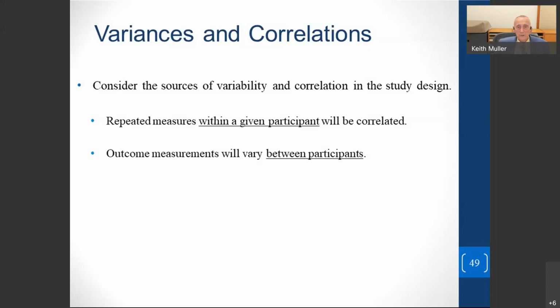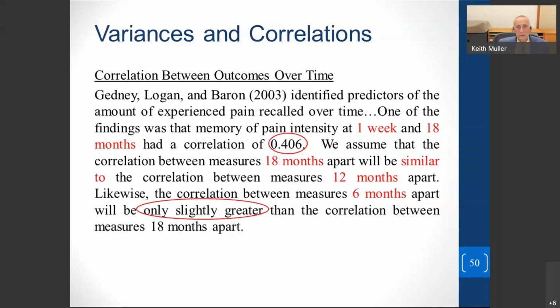We have to recognize that repeated measures within a given participant will be correlated and that outcome measurements will vary between participants. Here, Deb and I have given you a paragraph of text in which we cite some previous research, an example of going through the literature to find examples of correlations and variances.